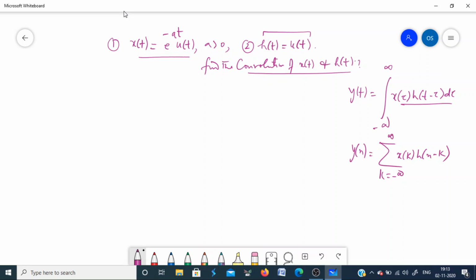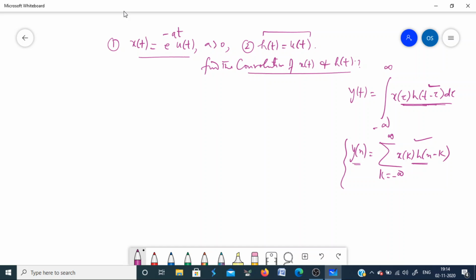We have seen there that in order to find the convolution of x and h, we used four operations: folding, then shifting, then multiplication, then addition. Now the procedure is the same here, but in place of addition, you have to do integration. Otherwise, folding, shifting and multiplication are the same.